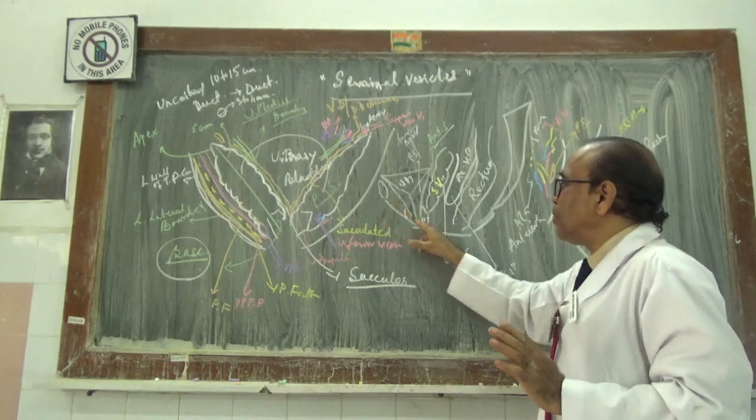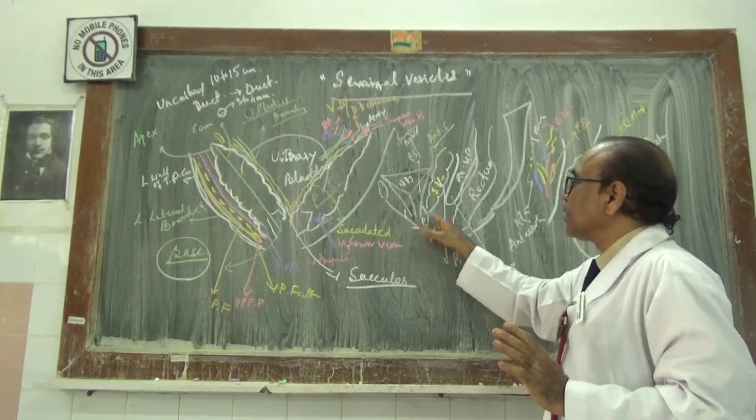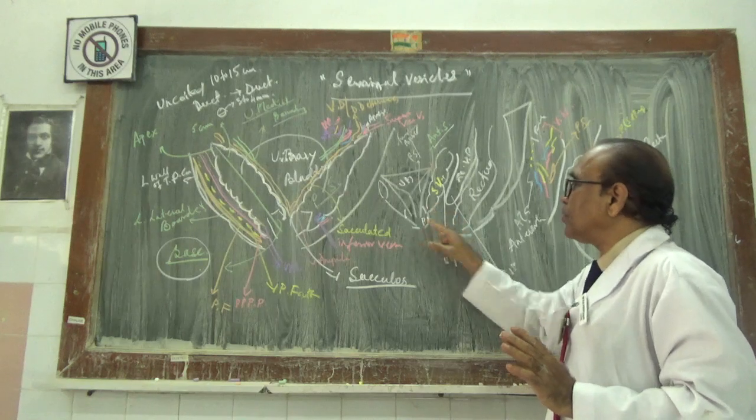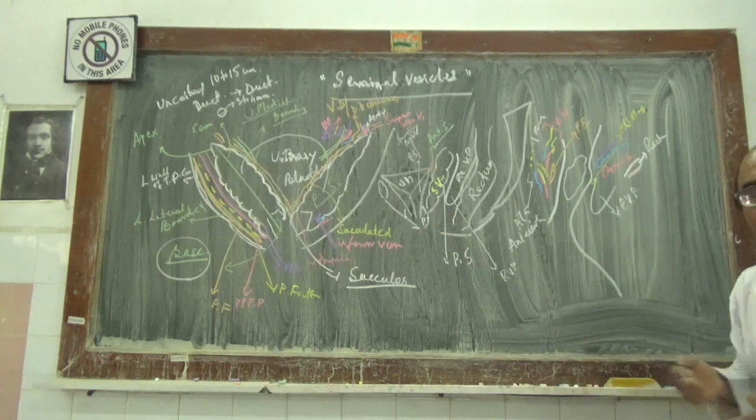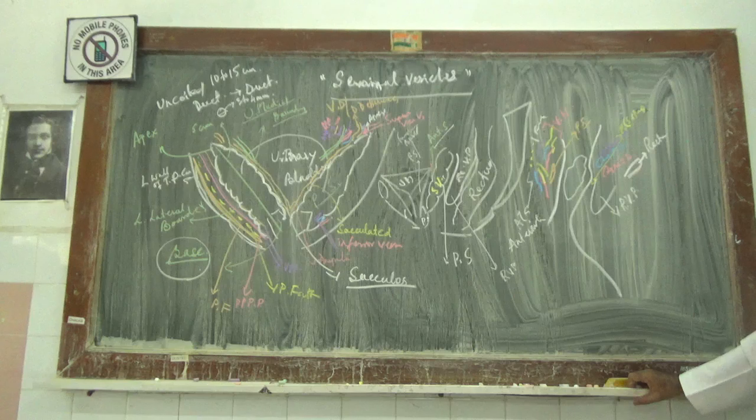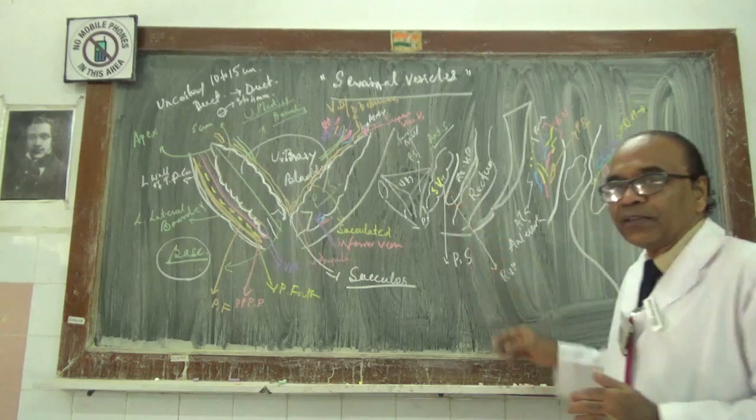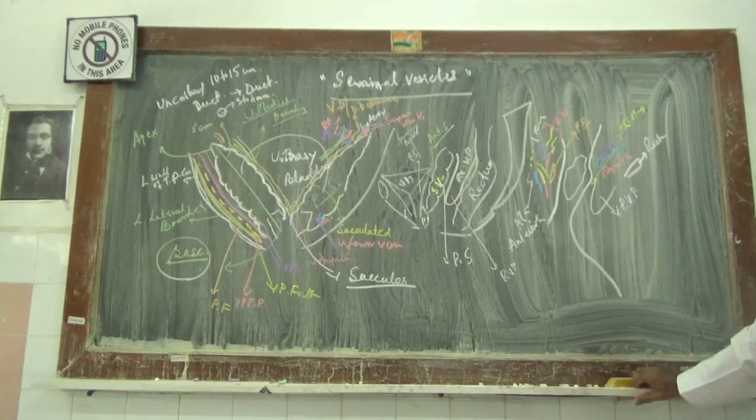Then it is not directly supported, but indirectly it is supported by the pubovesical and puboprostatic ligaments, and because the seminal vesicle opens into the ejaculatory duct in the prostatic utricle, it is indirect. So these are the relations of the seminal vesicle along with the surface, border and the apex.